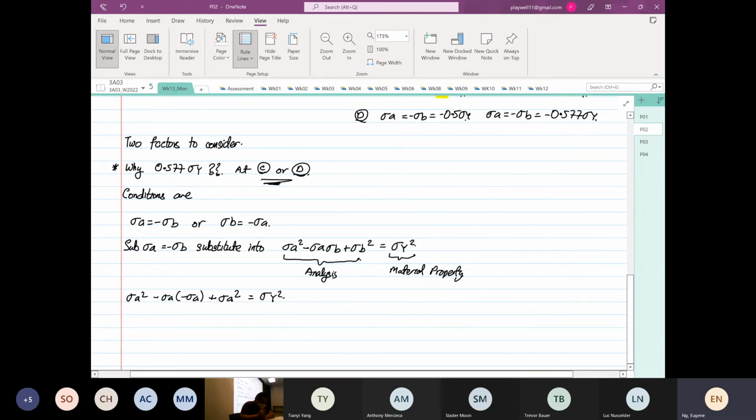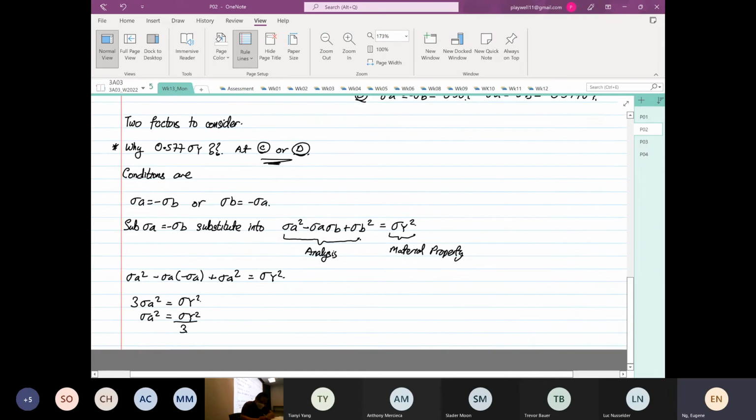So when you add them all together, you have 3 sigma A squared equal to sigma U squared. So therefore, sigma A squared is equal to sigma U squared divided by 3.